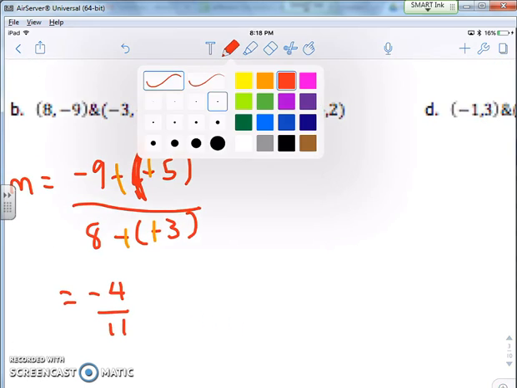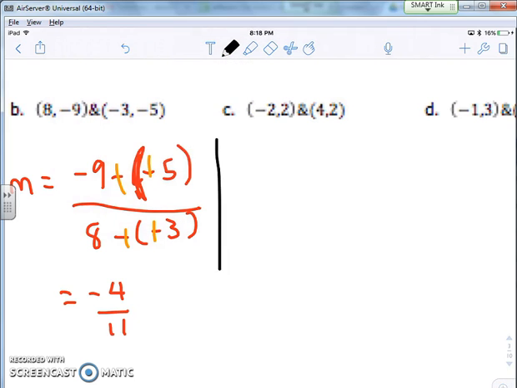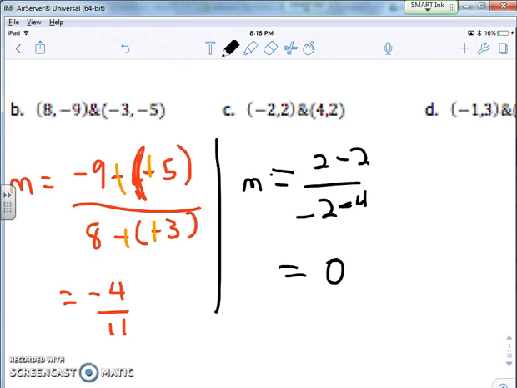Alright, example C. Y minus y over x minus x. So 2 minus 2 over negative 2 minus 4. The top is 0, so it's a 0 slope. This would be a horizontal line.